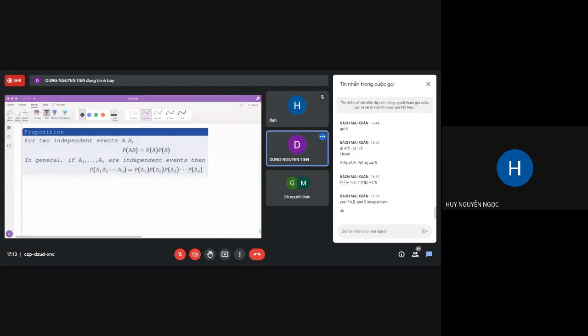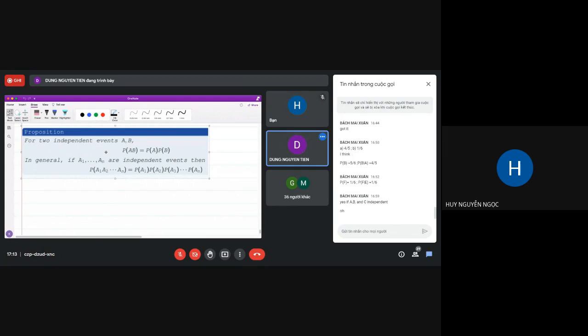All right. Now you know the concept of independence of two events, and for three or more events, you have pairwise independence and also mutual independence.